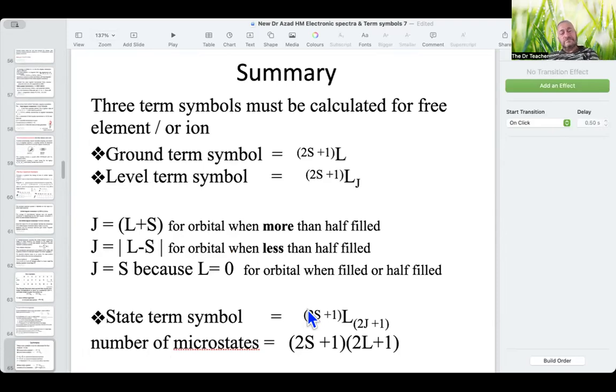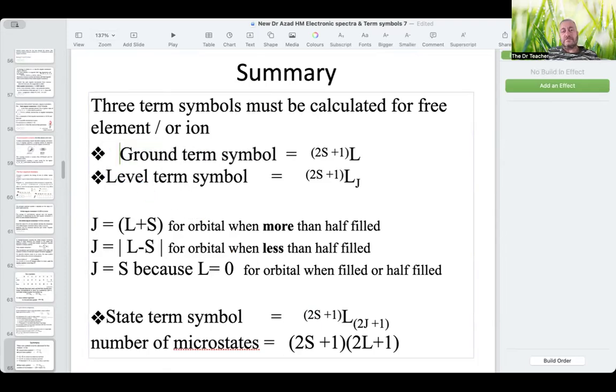Summary. So three term symbols must be calculated for a free element or ion. So now we are talking about free elements. The first one is the ground term symbol, 2S plus 1 L, or the level term symbol, 2S plus 1 L J. What J value do you have?